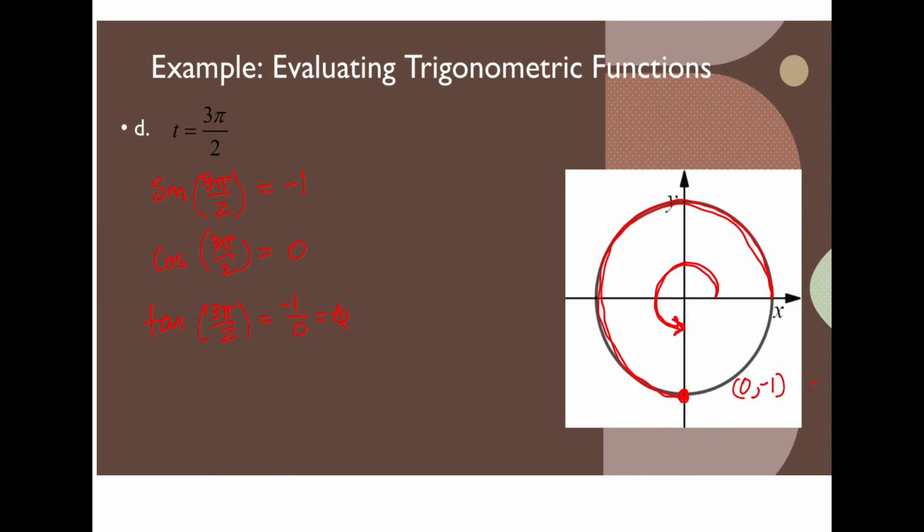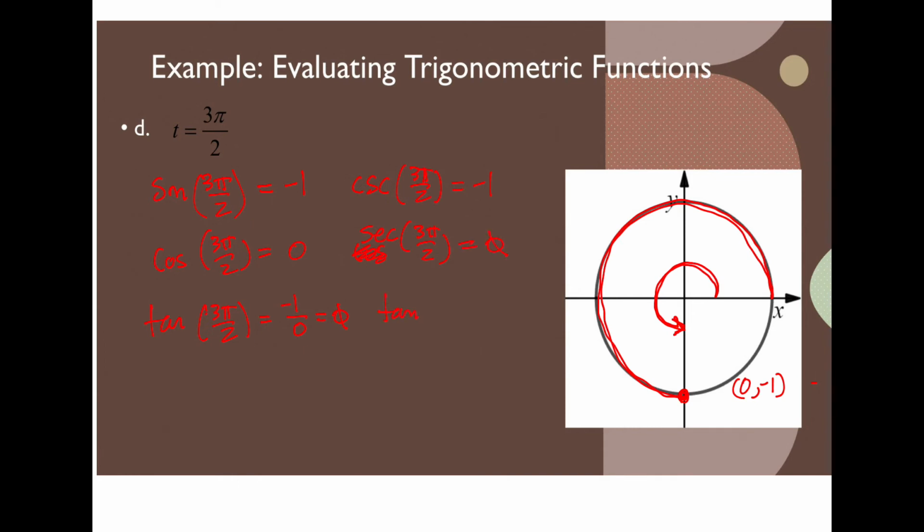Sine goes with cosecant of 3 pi over 2. -1 will be -1 as well. The secant of the same, 3 pi over 2. Since cosine is 0, we know that this is going to be undefined.